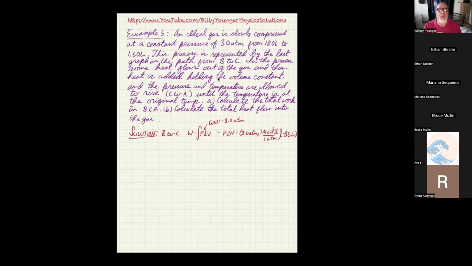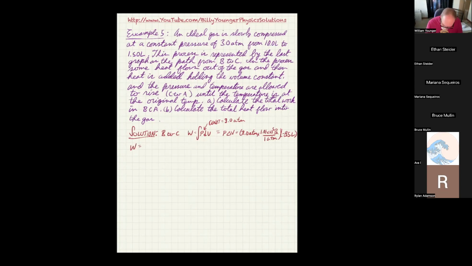Now, I can't really use liters to do that, because in terms of cubic meters is what I need. When I multiply pascals times cubic meters, that gives me a unit of work in joules. So I've got to change that as well.